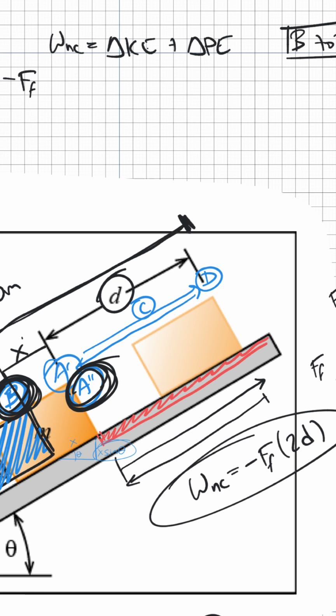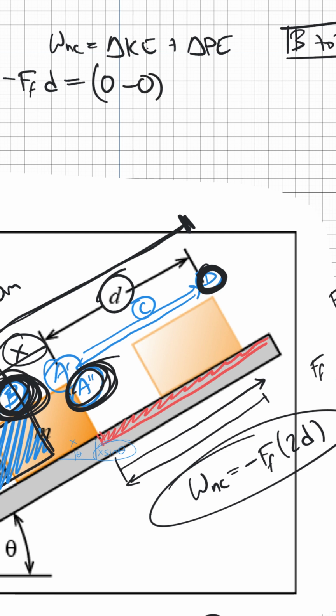But the problem is there's no friction while it's going that X, so it's only going to be D, and it's only going to do it once, because it's not coming back. Equals the change in kinetic energy. Well, at D, where it's gone as high as it's going to go, the final kinetic energy is 0. And the initial kinetic energy at B is also 0. So that's pretty easy.